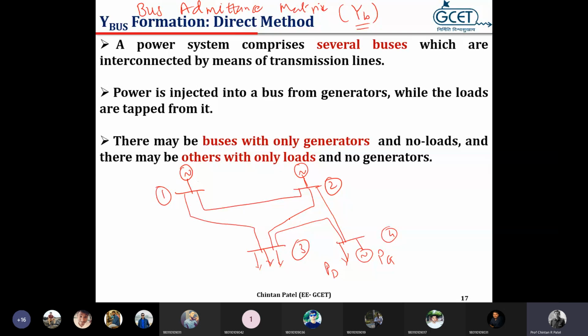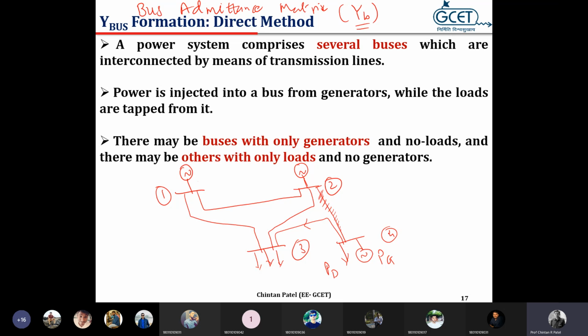So you can see here there is a connection between bus number 4 to 2 and 4 to 3, right? Let's assume this connection is not available for simplicity. Neglect the connection between 2 and 4 at present. There is a connection between 4 and 3 only.